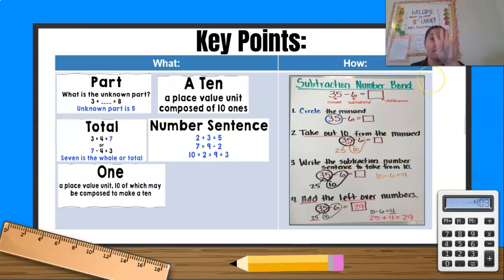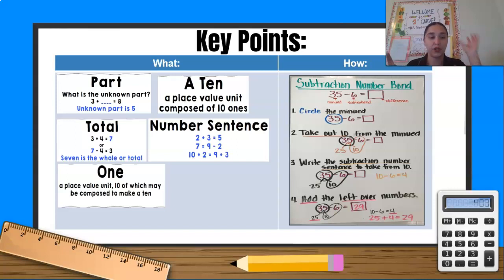So let's follow the 4 steps we take to figure out how to do a subtraction number bond. The first step is you circle the minuend, which is the biggest number. But this time, you're going to take out 10 from the minuend. So what do I do? I have 35. I'm going to break apart, I'm going to decompose that number into a part and a 10.